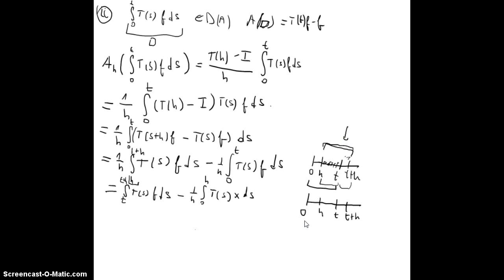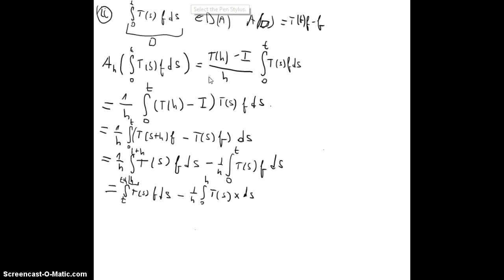And here we will have the same because we have t plus h, and we take h. So we are doing the same thing here, just changing the limits of the boundaries of the integrals.